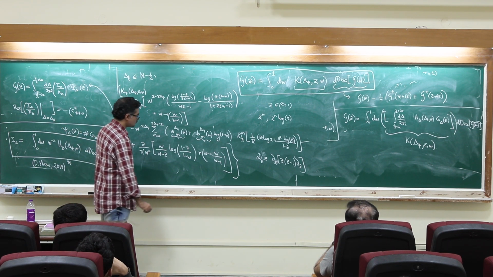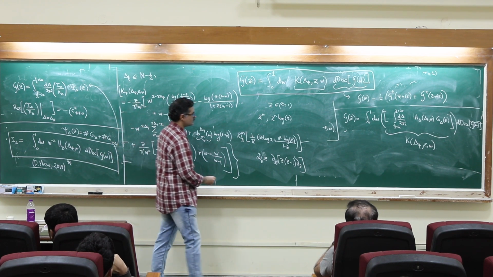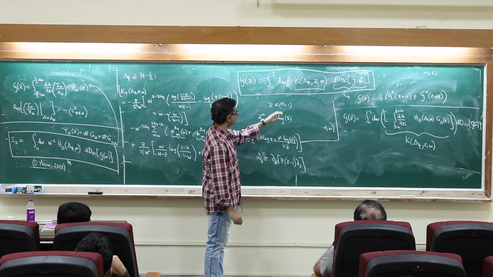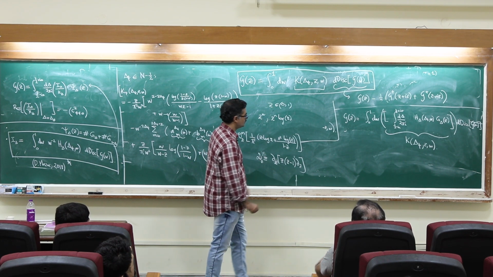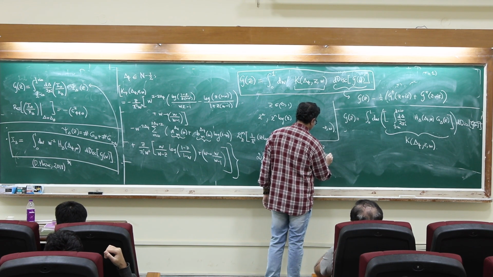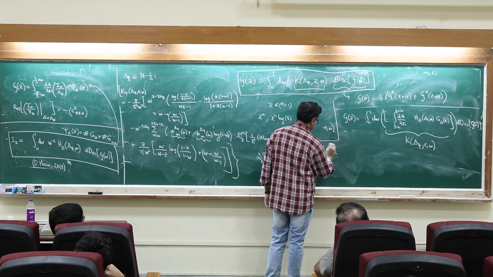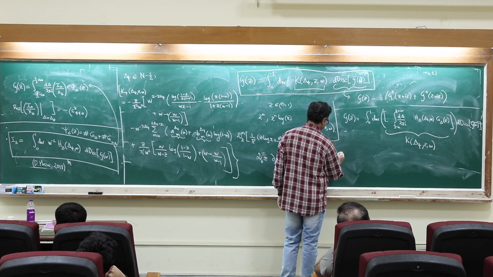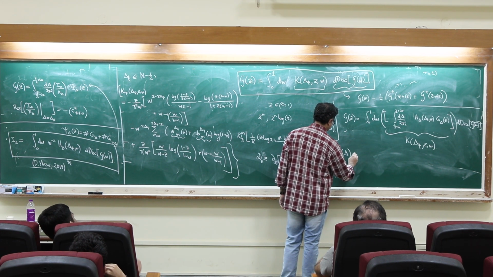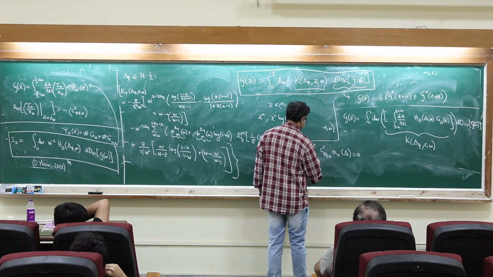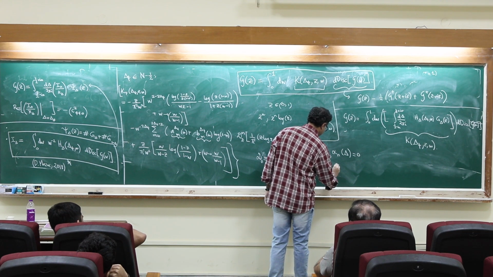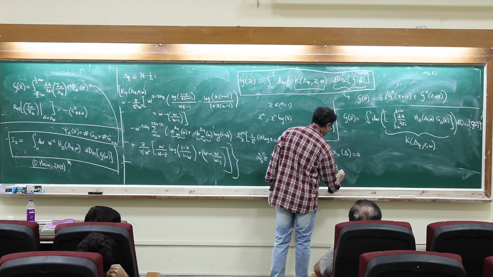So schematically, these constraints look like this. If you match powers on both sides and demand that these cancel out, then you will get some constraint like this. This is what people write in this notation: alpha n delta and beta n delta.